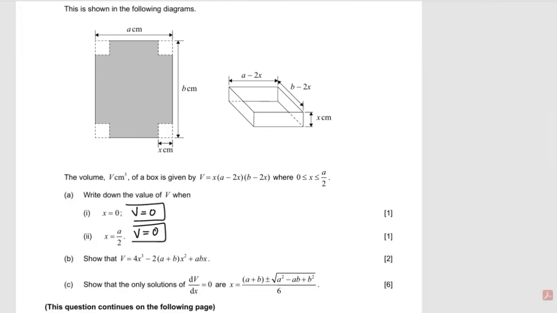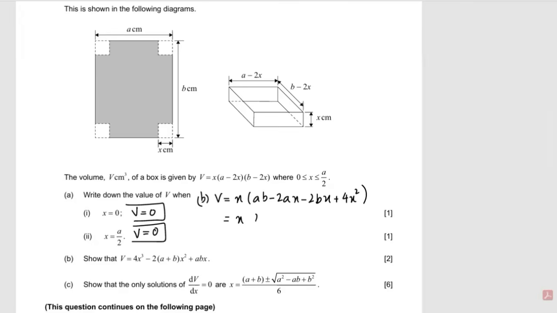Part B, show that volume is given by this expression. So I've got this expression. Let's expand this. So V is going to be X times AB minus 2AX minus 2BX plus 4X squared. When you're trying to show something, keep an eye on the result you're trying to get.